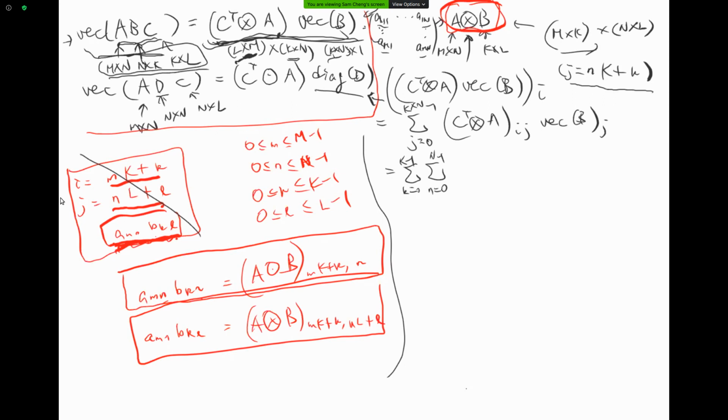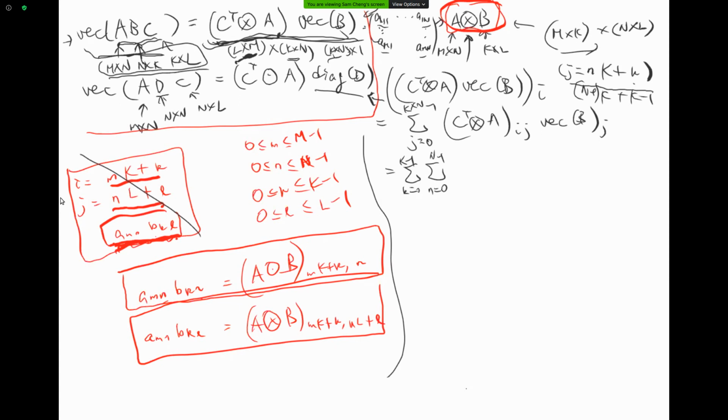So anyway, when n equals 0 and k equals 0, I'll cover j equal to 0, right? When n is equal to the maximum, N minus 1, and k is equal to K minus 1, I will have (N minus 1) times K plus K minus 1. That reaches the maximum value, K times N minus 1.